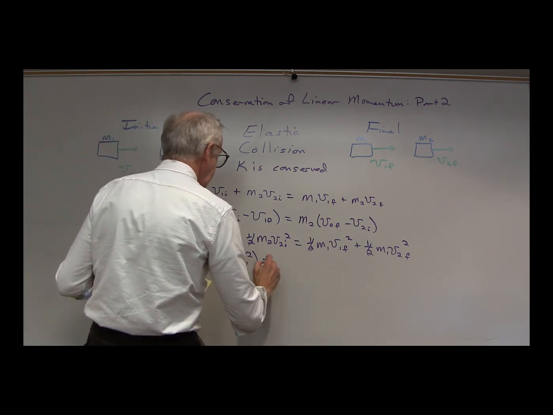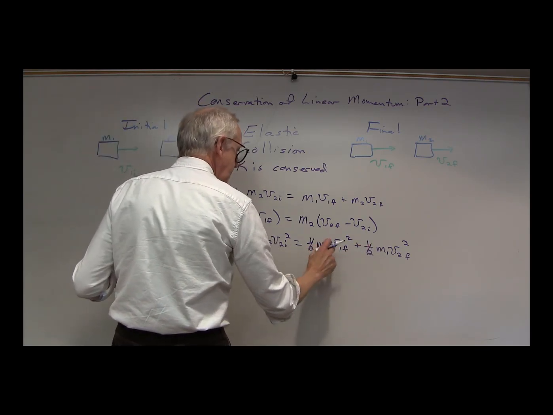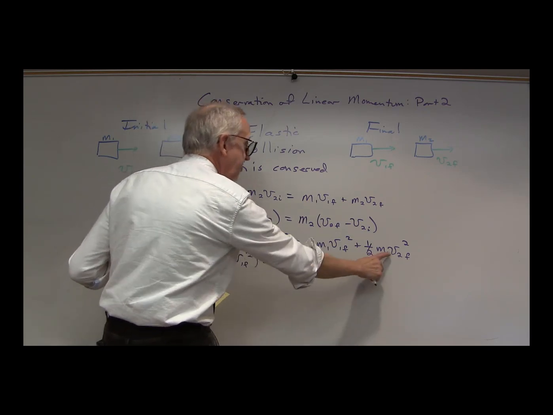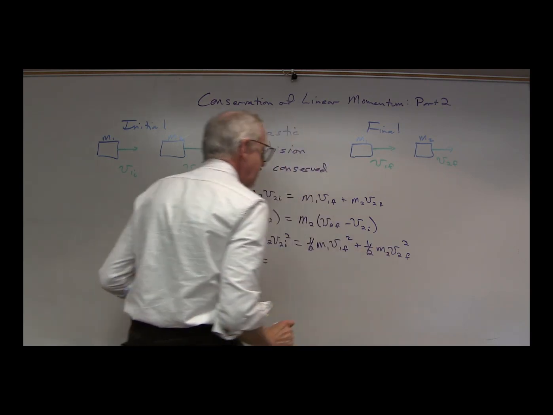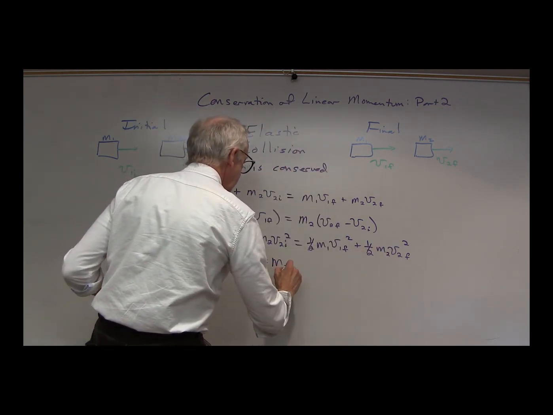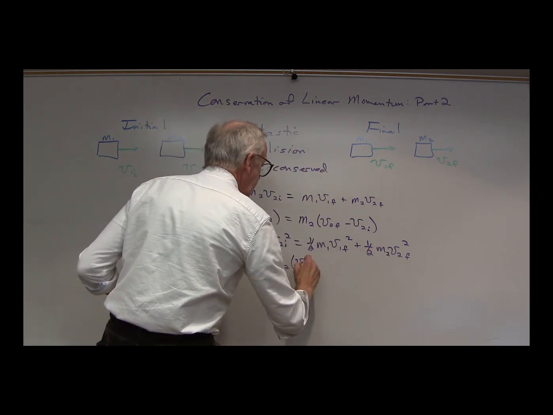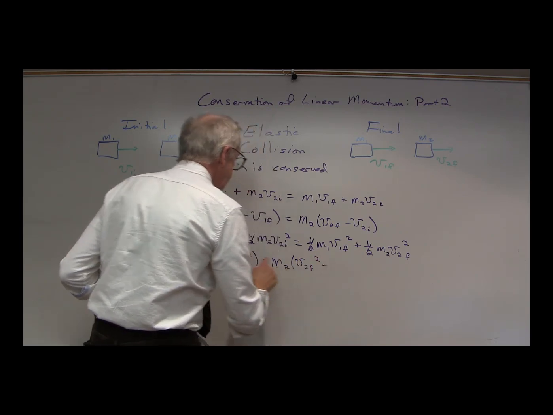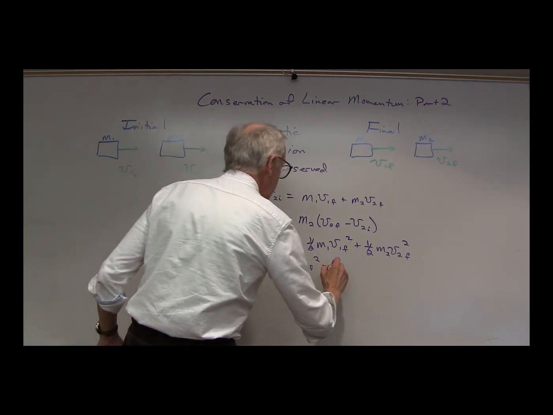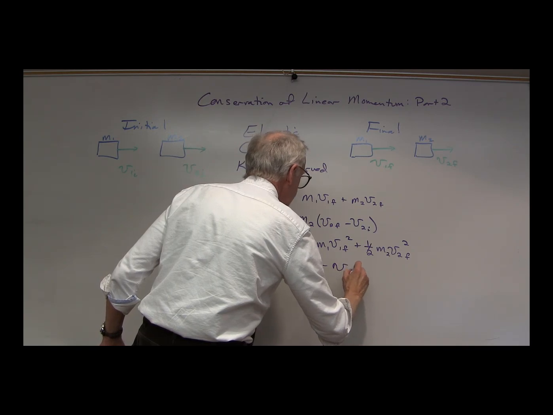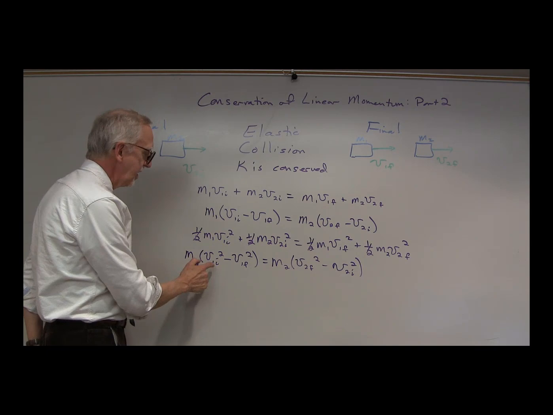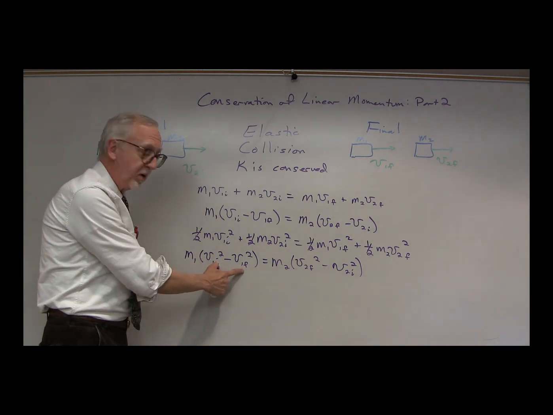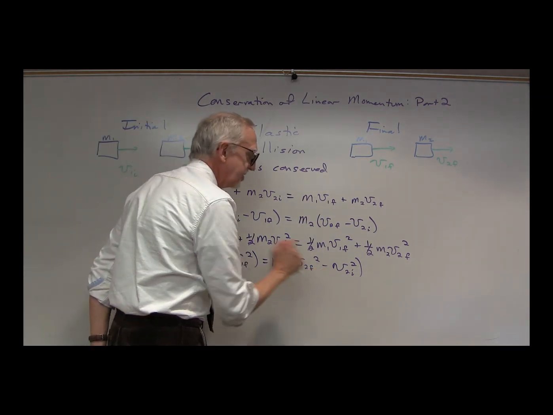And that is going to equal m2, whoops, sorry, I wrote m1, but that should be m2. That's going to be m2 times v2 final squared minus v2 initial squared. Okay, there we go. And again, notice we've got initial minus final on one side and final minus initial on the other side.